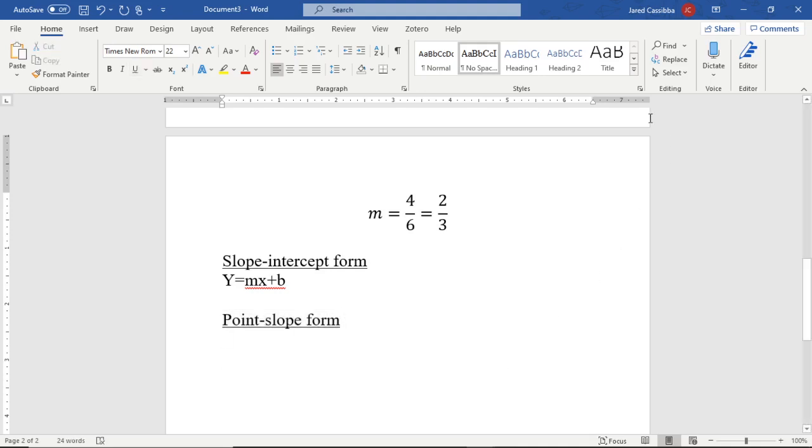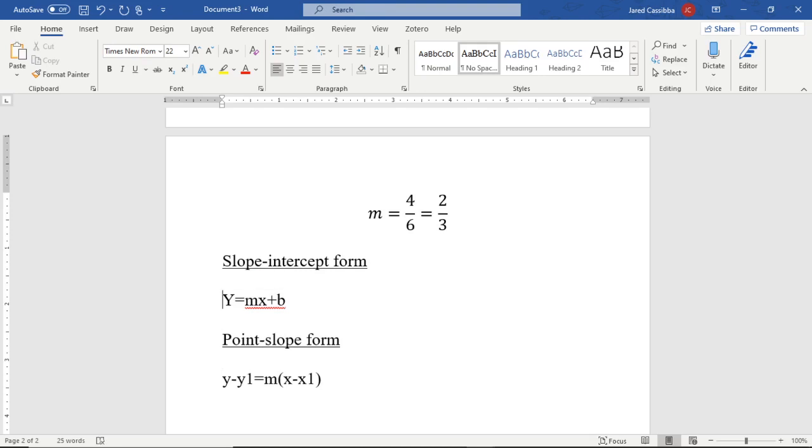Okay, so that is y minus y1 equals m times (x minus x1). Like I said, it's a little more complicated. There is a third form. It's called standard form, but that one you take either the slope-intercept form or the point-slope form and put x and y on the same side. So that one I'm not going to go into. Alright, so I'm going to do this both ways.